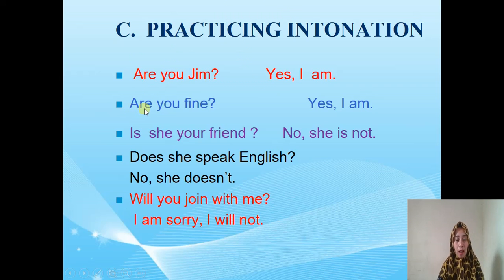The second example: are you fine? Which one is correct, rising or falling intonation? It is spoken with rising intonation, because it is a yes or no question beginning with the auxiliary verb are.